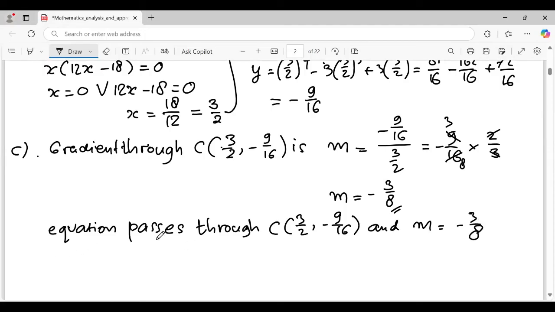We can determine it through this rule: y minus y1 equals m times x minus x1.